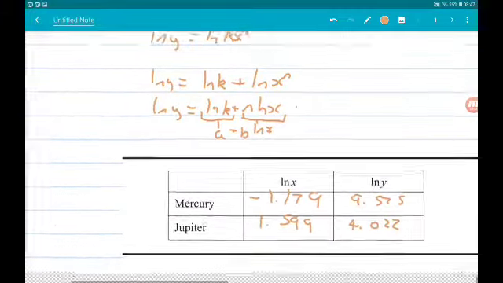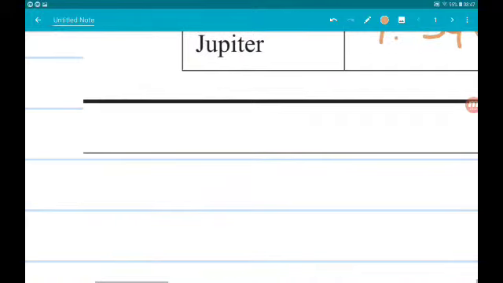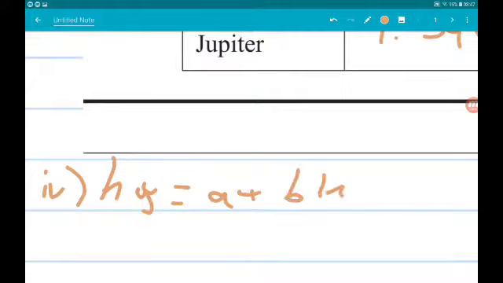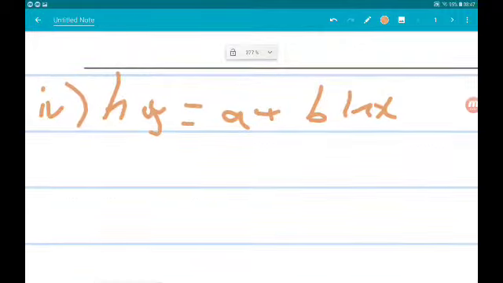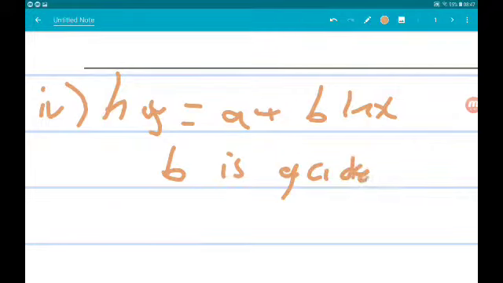So, if we have log y is A add b log x, if we compare that to y equals mx plus c, b is the gradient and A is the y-intercept.